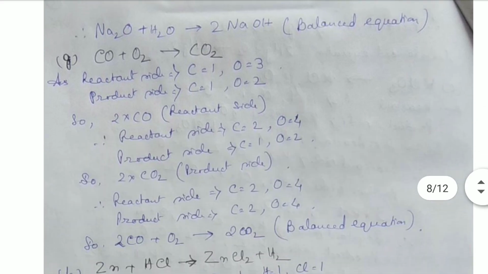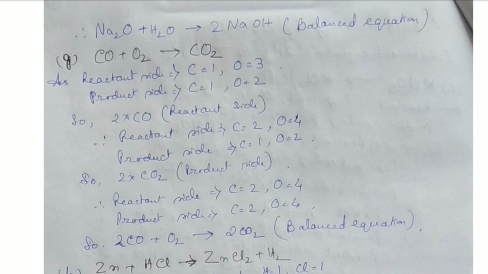Again, CO plus O2 gives us CO2. See, on the reactant side C is equal to 1, O is equal to 3, and on the product side C is equal to 1, O is equal to 2. So we multiply the reactant side carbon monoxide, that is CO, by 2. So it becomes reactant side C is equal to 2, O is equal to 4.